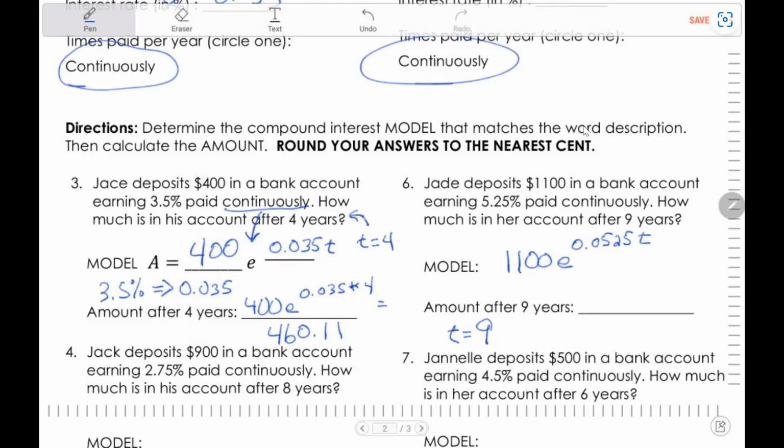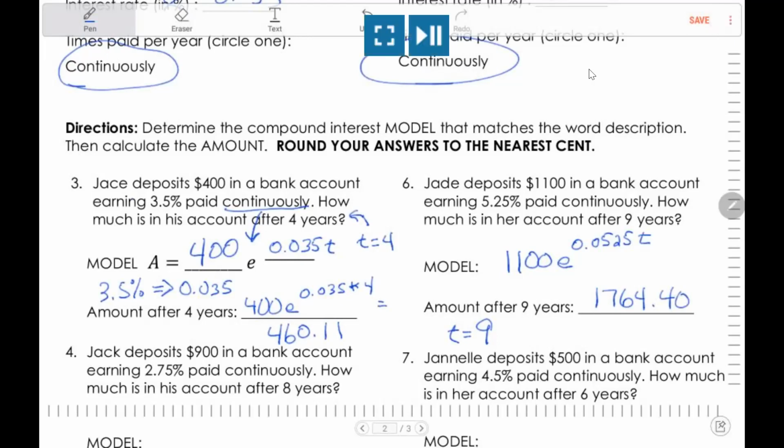So 0.0525 times 9, and I got 1764.40. Okay, so there's a couple more practice problems on this page.